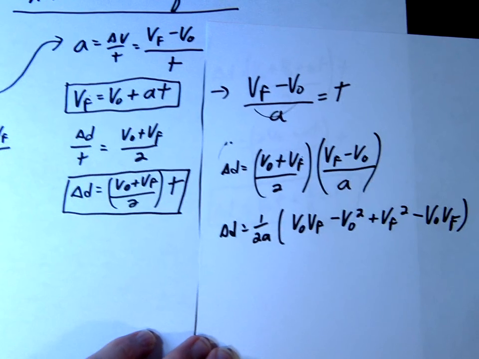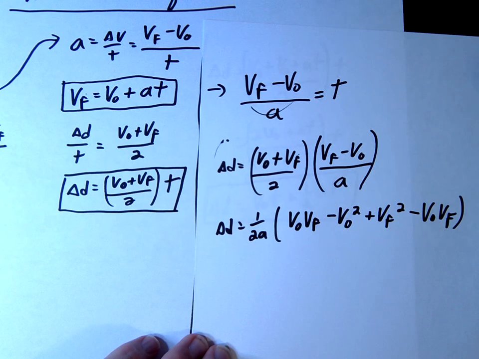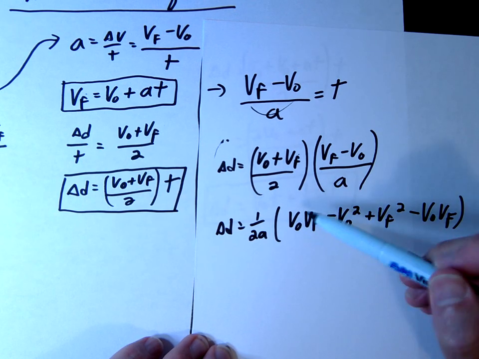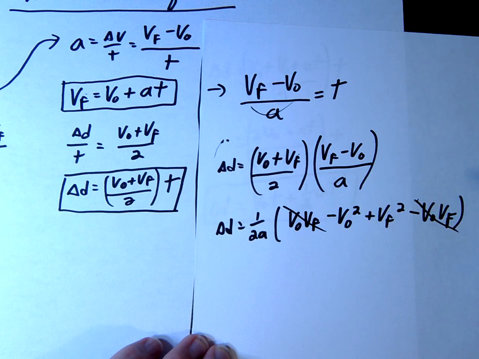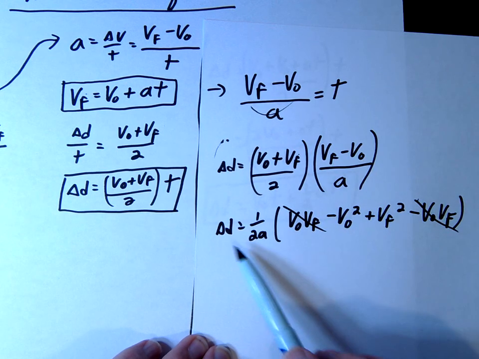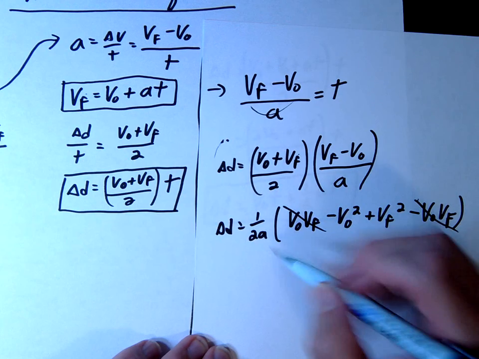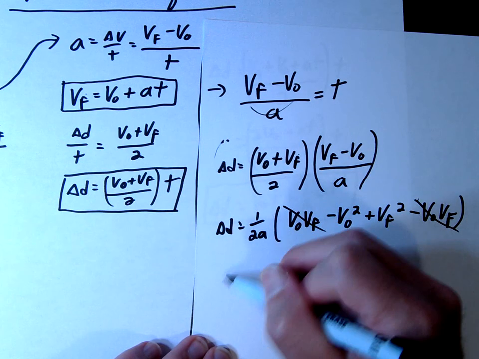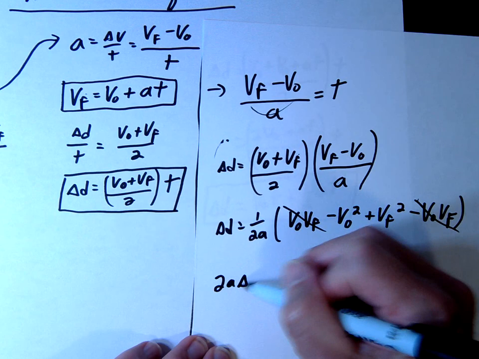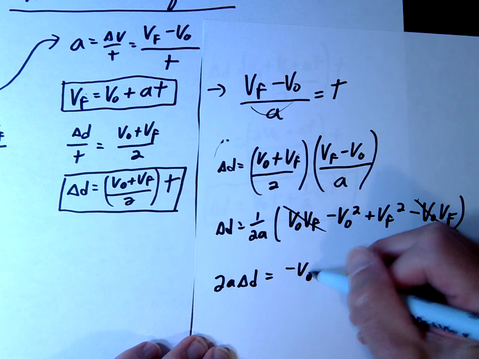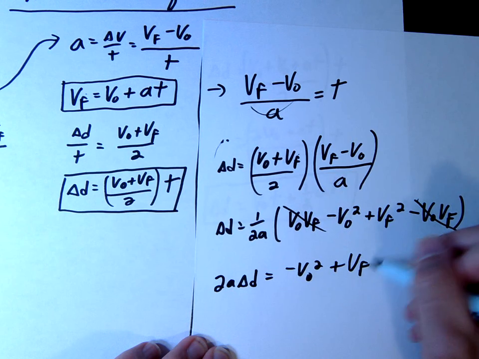It looks like a mess at this point, but it's really just algebra. Notice that this is vo vf and this is minus vo vf, so that cancels out. Let's multiply both sides by 2a to get rid of this. It's going to give us 2a delta d equals negative vo squared plus vf squared.